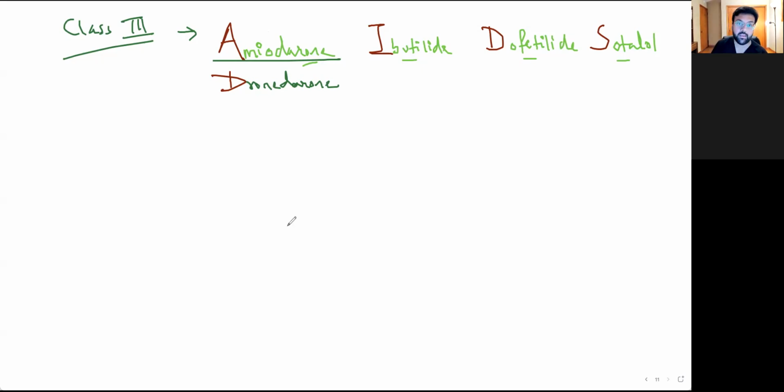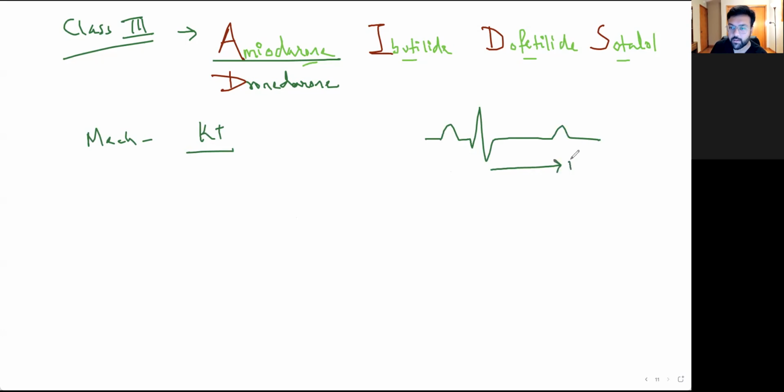Okay, people will be also on long term amiodarone, especially if the patient has atrial fibrillation and want to maintain sinus rhythm. Okay, so mechanism, mostly it's potassium channel blocking. Okay, so if it's blocking potassium, as you expect in the EKG, what will happen to the EKG? QT prolongation, right?